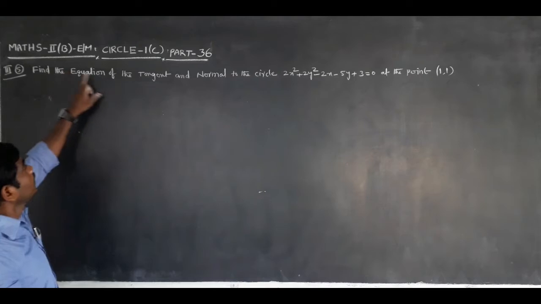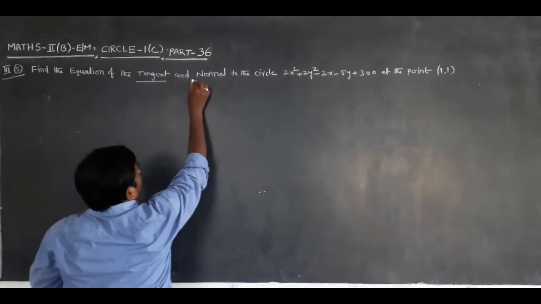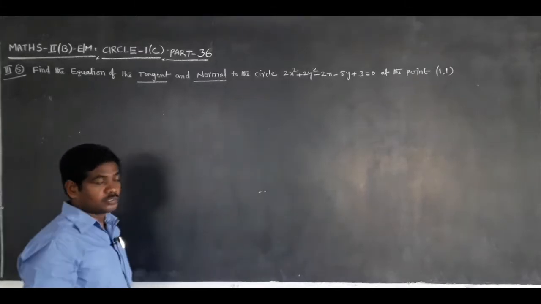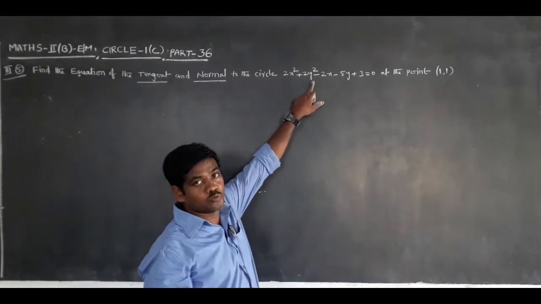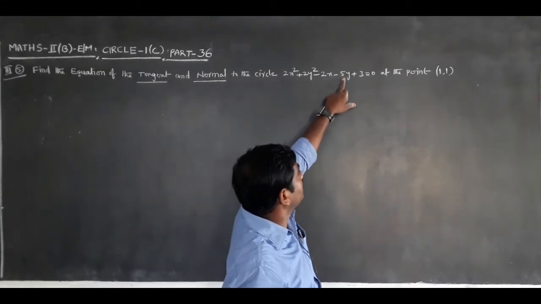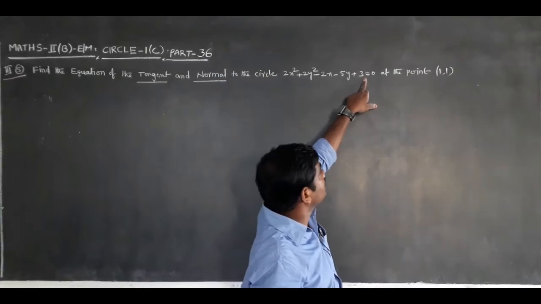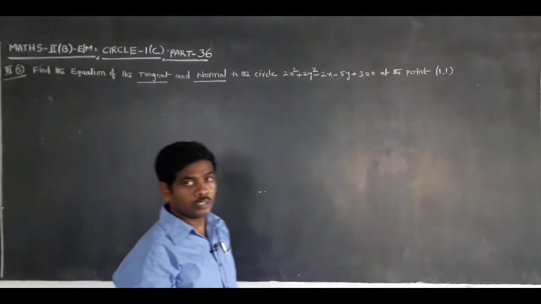Find the equation of the tangent and normal to the circle 2x square plus 2y square minus 2x minus 5y plus 3 is equal to 0 at the point 1 comma 1.